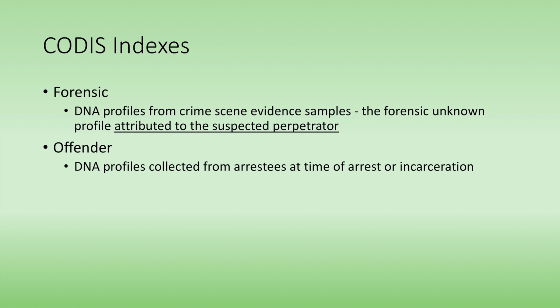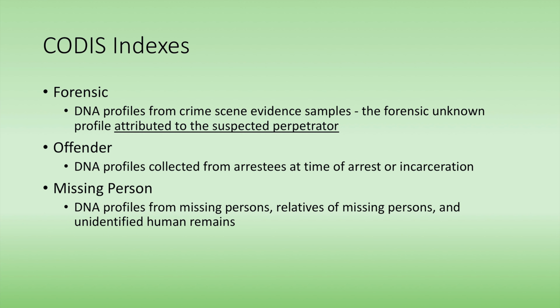The next one is the offender index, and this is the DNA profile collected from an arrestee at the time of arrest or incarceration. There is also a missing person index, and these are DNA profiles from missing persons, relatives of missing persons, and unidentified human remains.